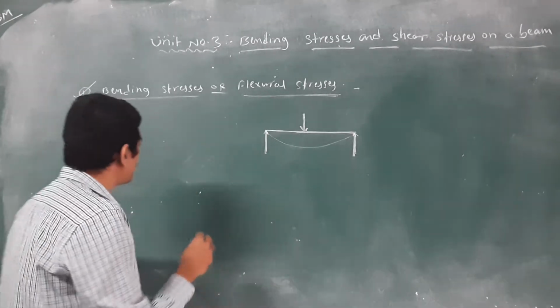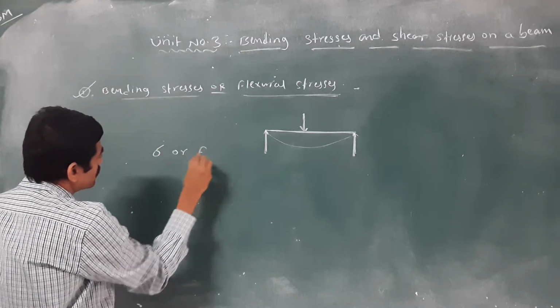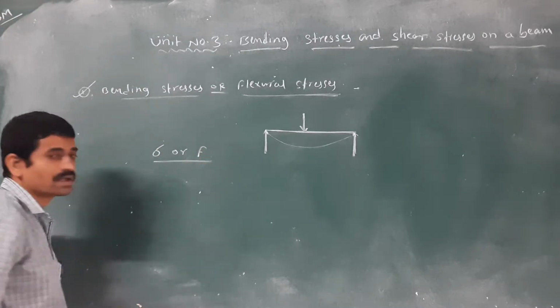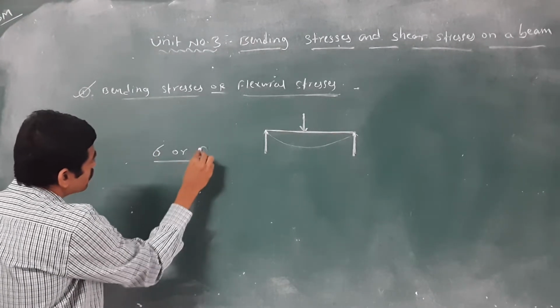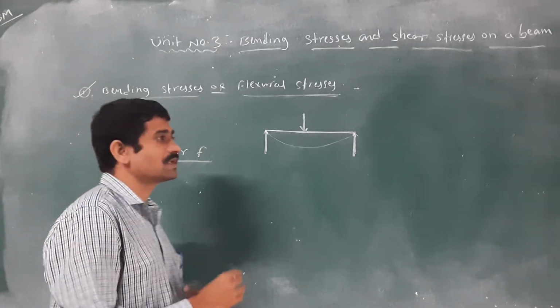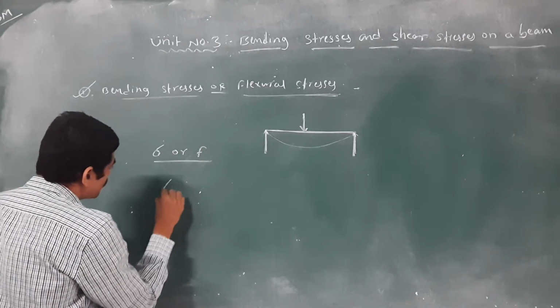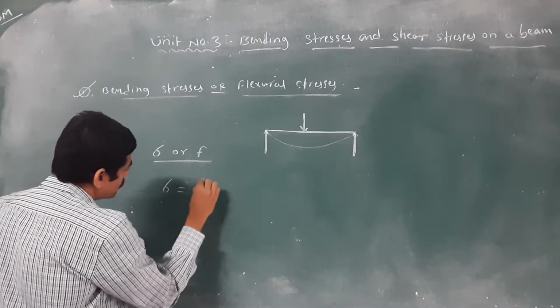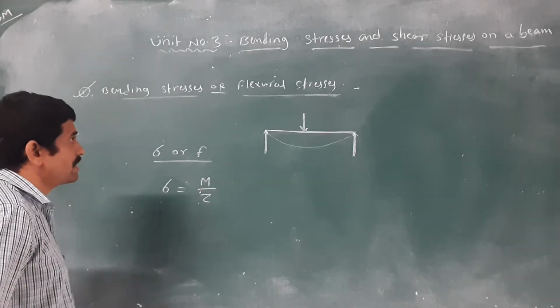It is denoted by sigma or F. In some books you will get the notation sigma, or in some books the notation F. Here we are using the notation sigma. Then we can write sigma is equal to M by Z. Again, what is meant by M?